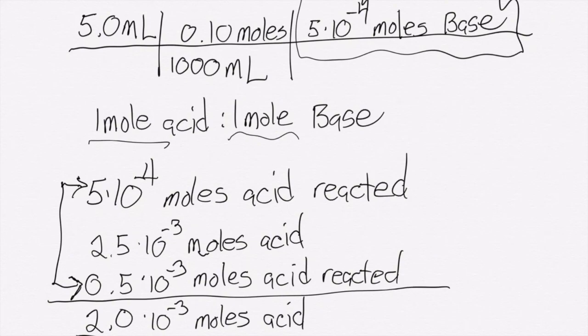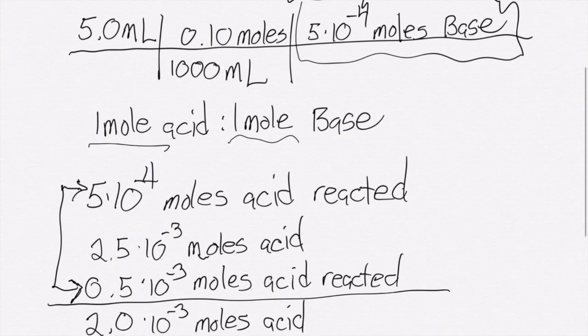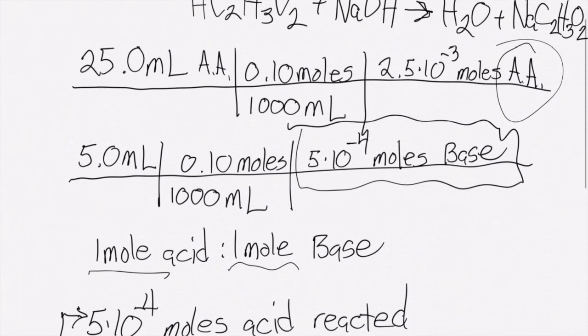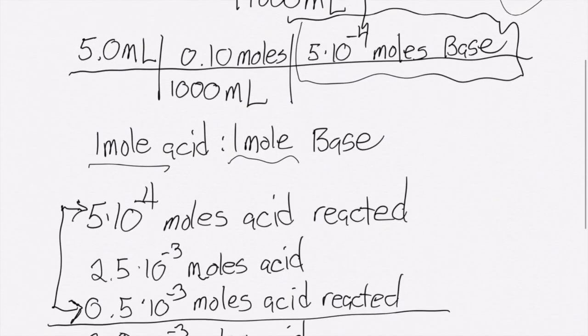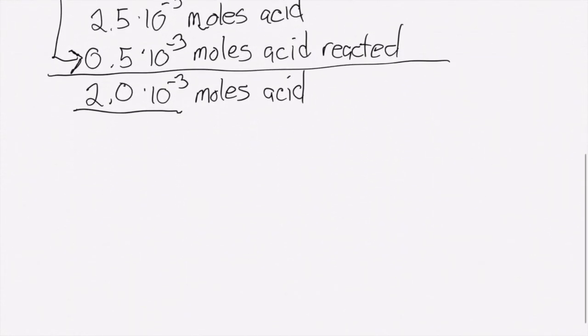After the reaction, we have this many moles of our acetic acid. And what we also have is product. We made some water. We made 5 times 10 to the minus fourth moles of water and 5 times 10 to the minus fourth moles of sodium acetate. But the reaction is done, which means the acid is now allowed to equilibrate in solution.